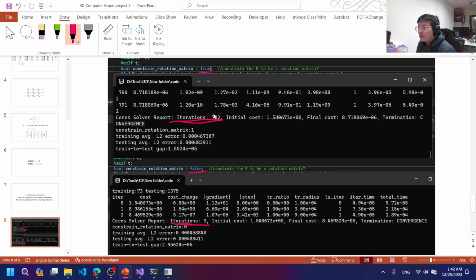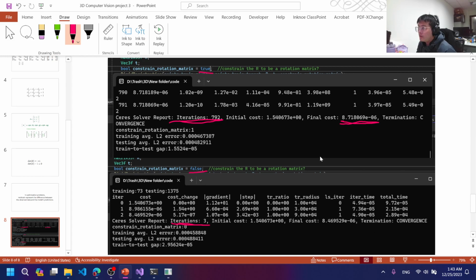So when we enable the rotation matrix constraints, the iterations are way more, and also we can see that the initial cost is the same for obvious reasons, but the final cost with rotation matrix is more, obviously since the number of iterations is more too. But both of them result in convergence.